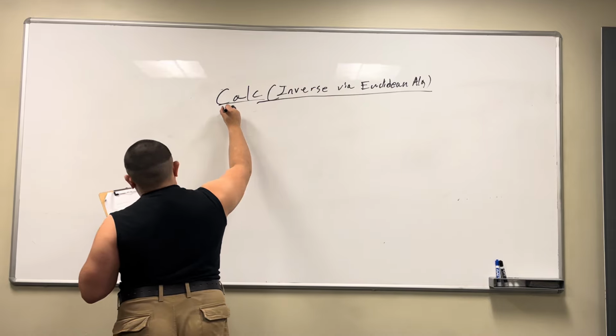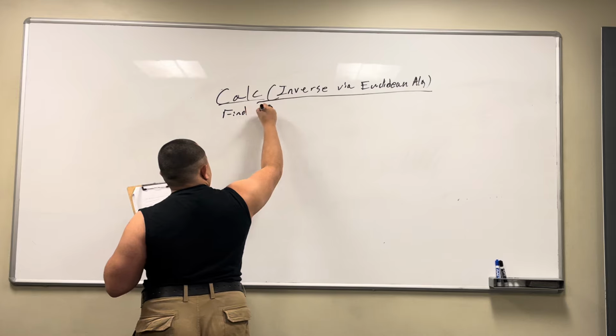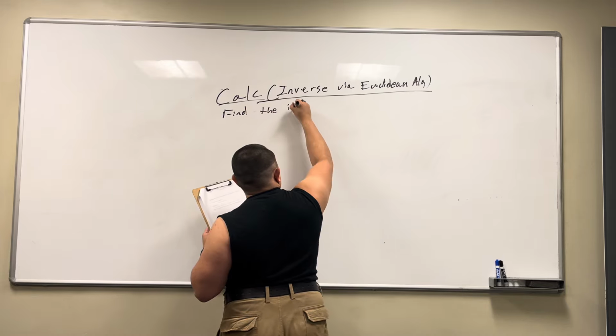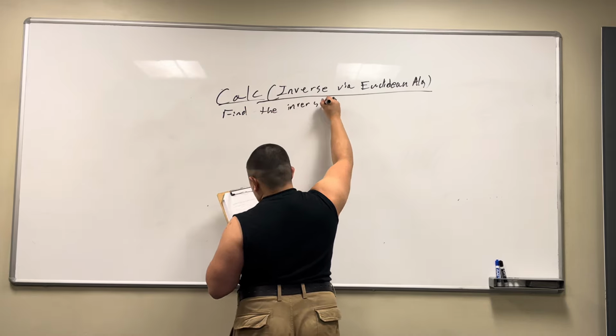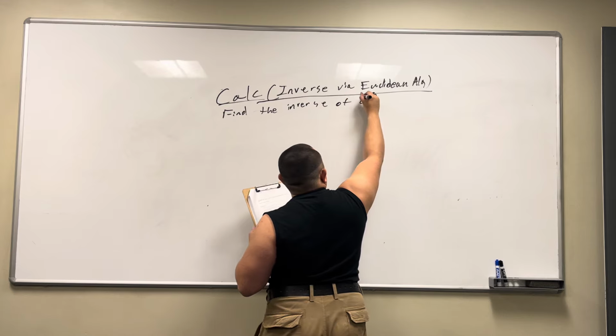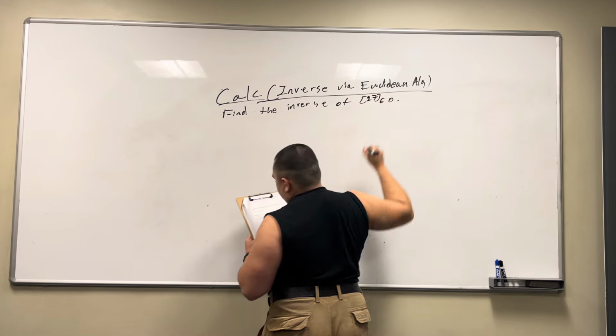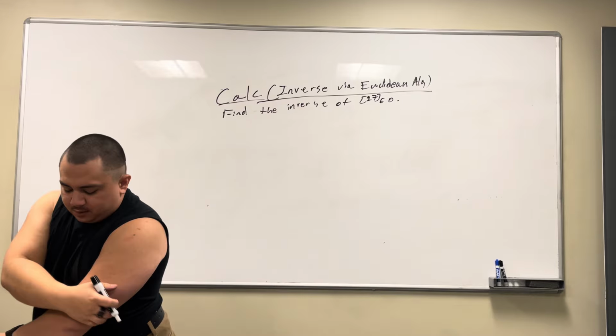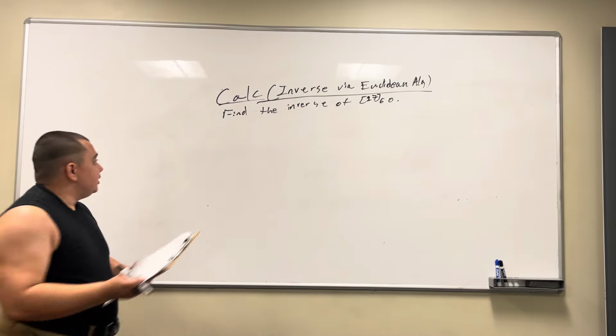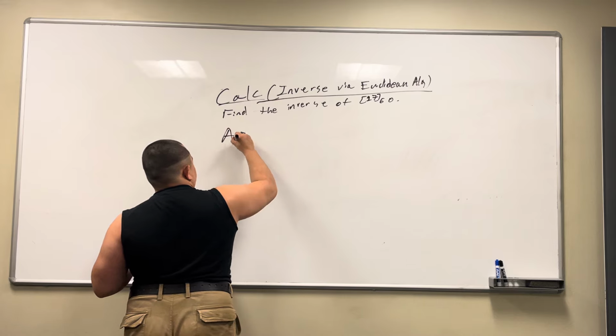Let's find the inverse of 17 mod 60. Apply the Euclidean algorithm.